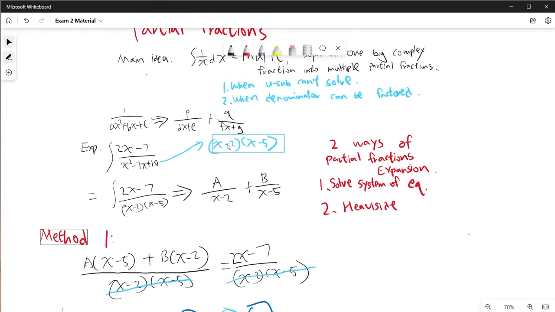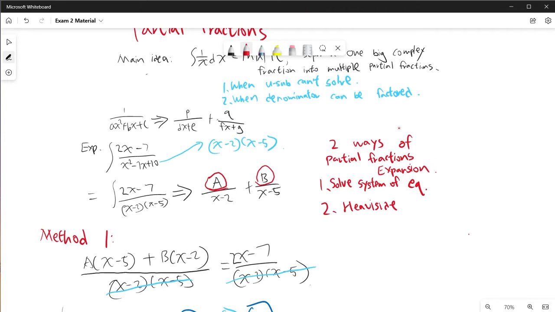Then we can set it up with a and b, since we don't know the top part, the constants that are going to go on the individual factored fractions. Since this is two parts, we have two variables, a and b, and then we can solve for a and b with two different methods.